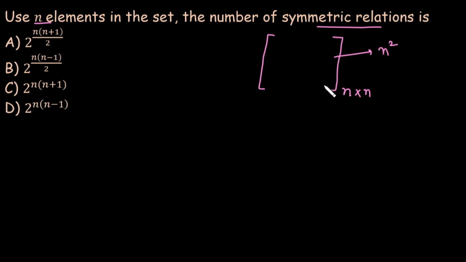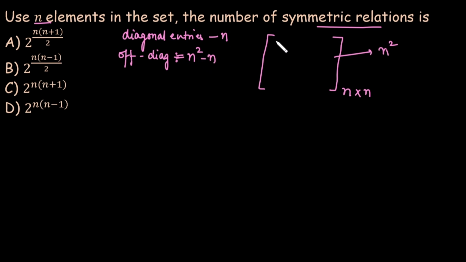We will first divide into two parts, one as diagonal entries, another as off diagonal entries. So total entries are n square. How many diagonal entries are there in this case? Diagonal entries are n. Off diagonal entries are the total entries minus the diagonal.